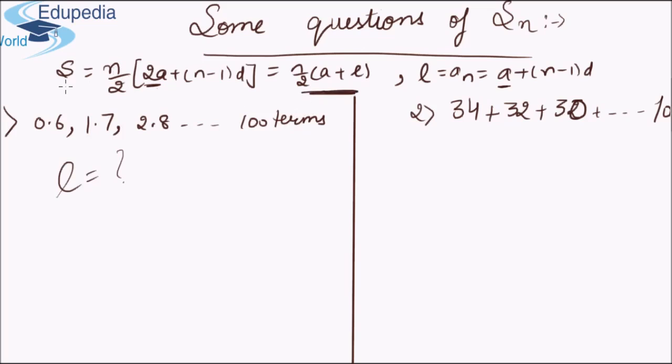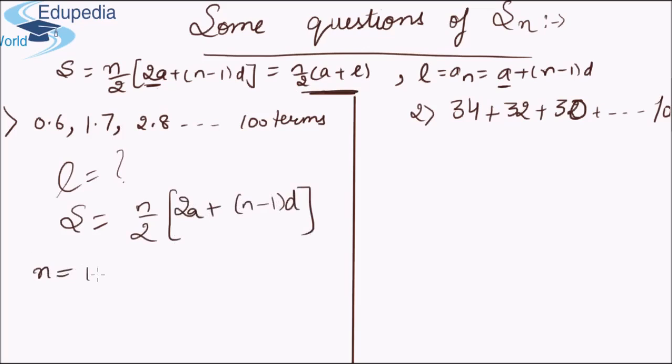Instead, we'll be using this formula: s equals n by 2 into (2a plus (n minus 1) into d). Here n is 100 as given here, a is 0.6 and d is a2 minus a1, which is 1.7 minus 0.6, which is 1.1.